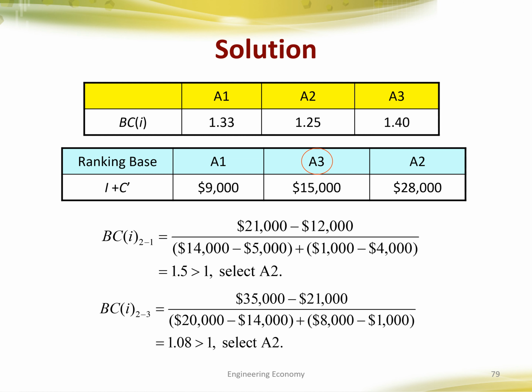The ratio is 1.5, which means that the increment from alternative A1 to A2 is greater than 1, meaning that if we use alternative 2, it presents additional value. So we'll select A2. So we take A2 and compare with A3.